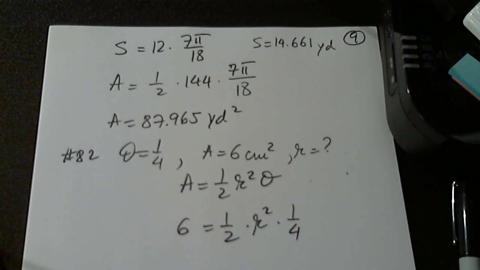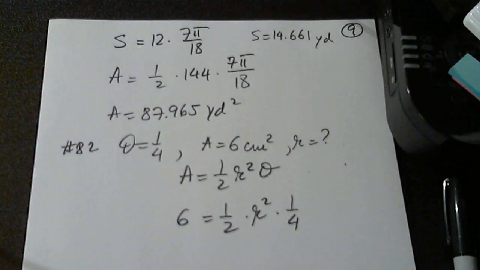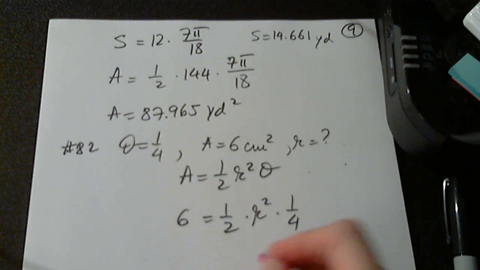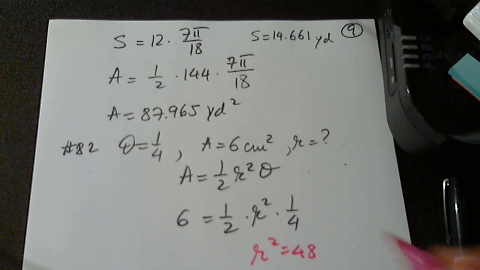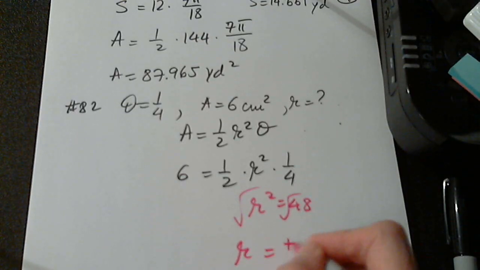Good? What now? What do I need to do next? To solve this equation, I have to multiply by 8. Exactly, 4 times 2. So r squared equals 48, like we did before. We have to take the square root. I should write plus or minus.